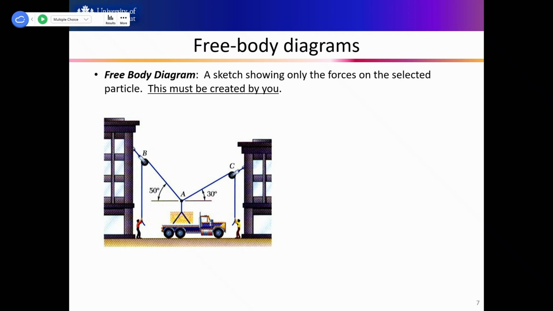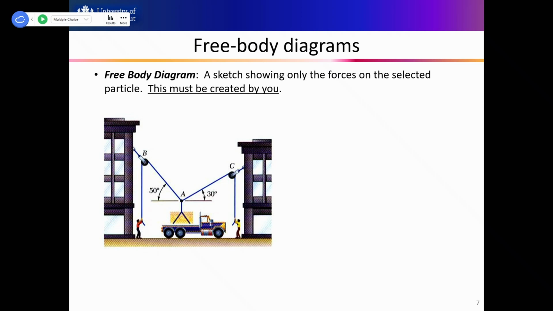Equilibrium equation is about 1 point, okay? So far it is about 1 point. And then which point should we use? A, B, C? A, right? A is a good point because most likely the weight should be given and we need to find the cable tension, right?